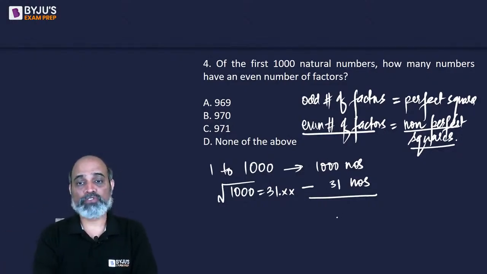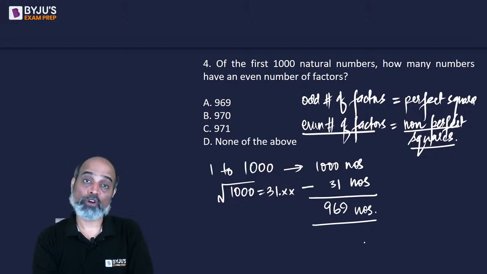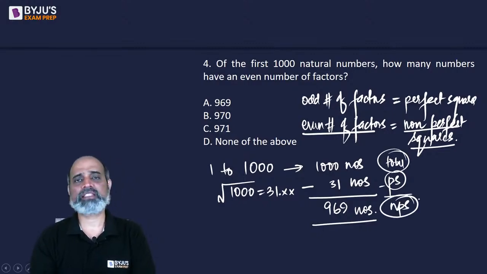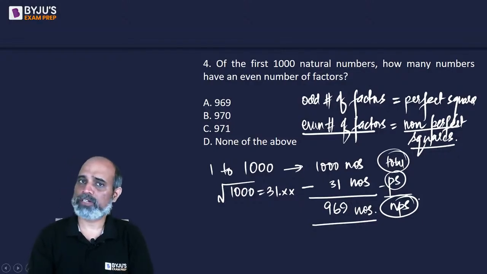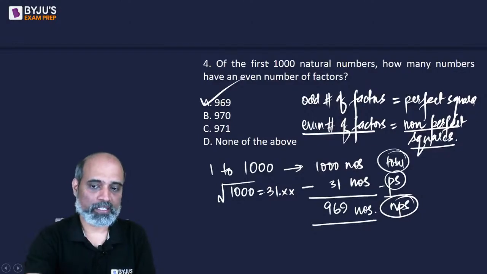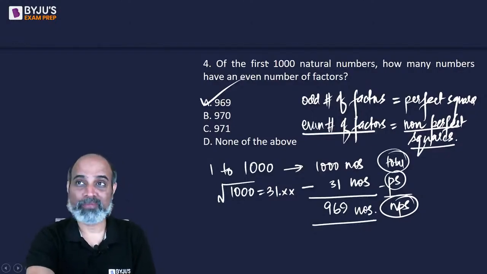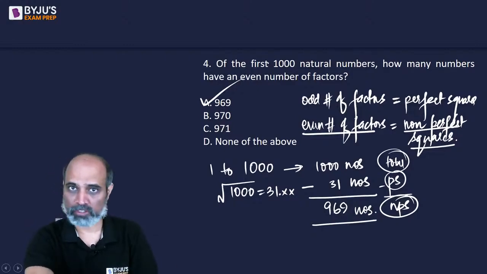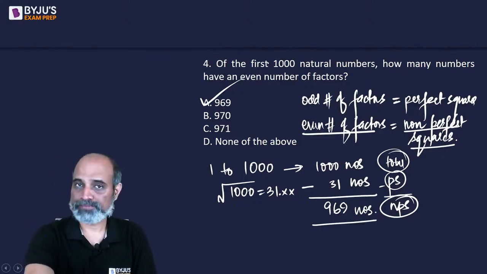So if I remove them, I will get all those numbers which are not perfect squares. So these are perfect squares, these are total. If I subtract, I will get non-perfect squares, because every number is either a perfect square or not a perfect square, right? We do not have a third scenario to consider, there is no number which is a perfect square as well as a non-perfect square, included in both or something like that. There is nothing like that.